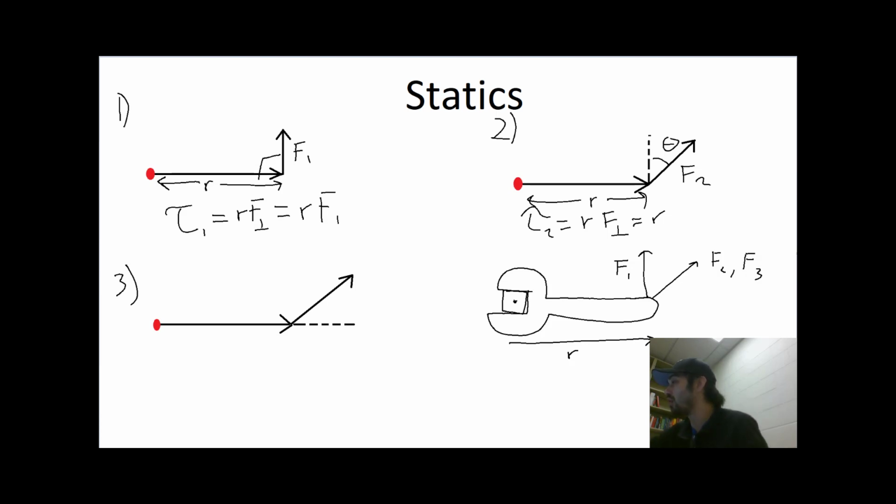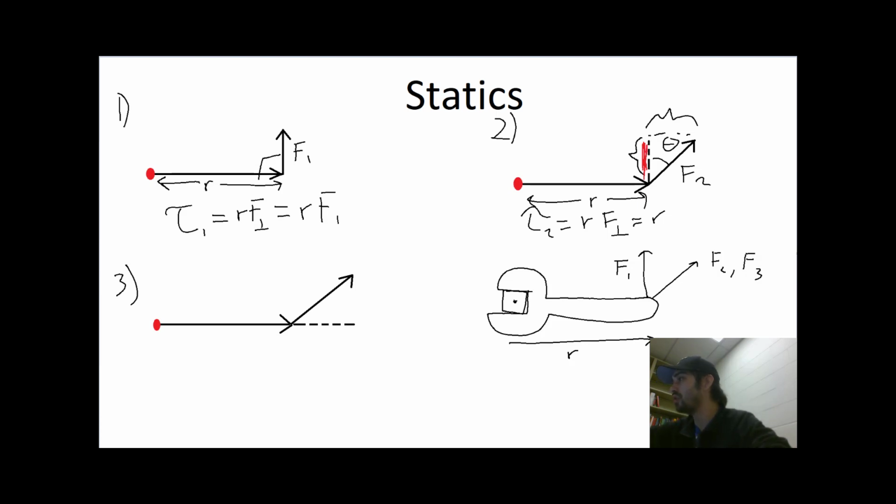So we have this triangle we can complete here. We have 2 sides, this side and this side. Now we know that F2 is going to be the hypotenuse of the triangle, and so the perpendicular part that we want is going to be this side.